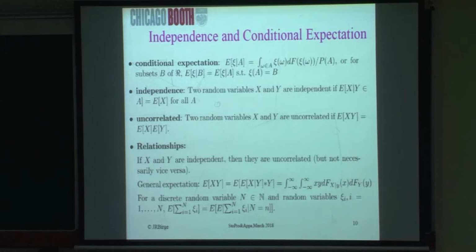So this would be formally in terms of omega, where I'm conditioning on particular sets of omega. If I'm conditioning on values that the random variable takes on, then my A is whatever the set of outcomes is that gives me values in this subset B.